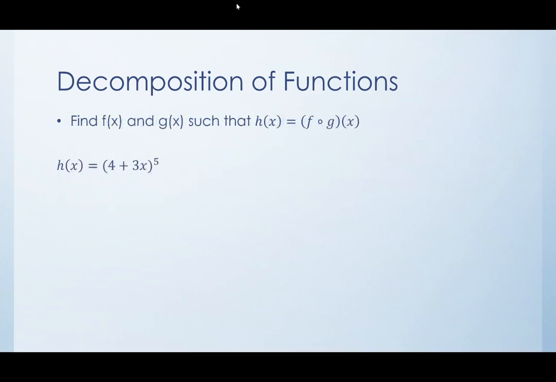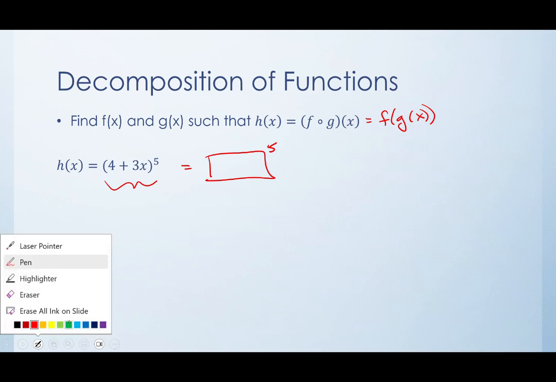So, for example, let's say we've got a function, h of x equals (4 plus 3x) to the 5th power. And we want to find two functions, f and g, that we can decompose that into, such that f composed with g equals h of x. So we look at this, and to me, it looks like I have something to the 5th power, right?